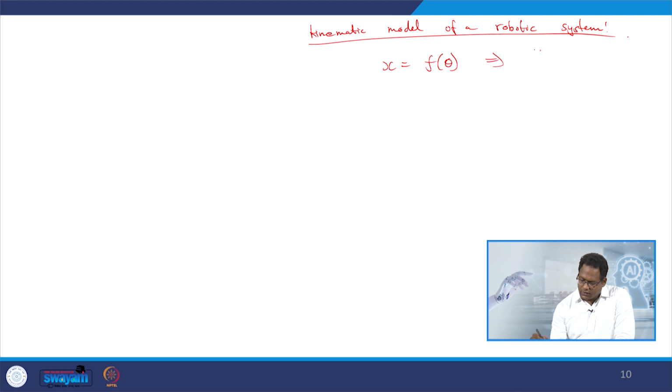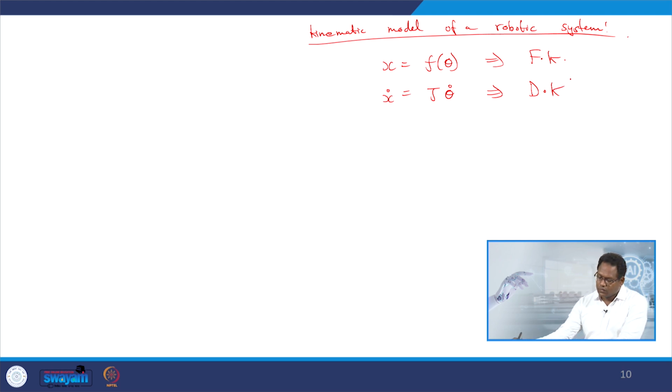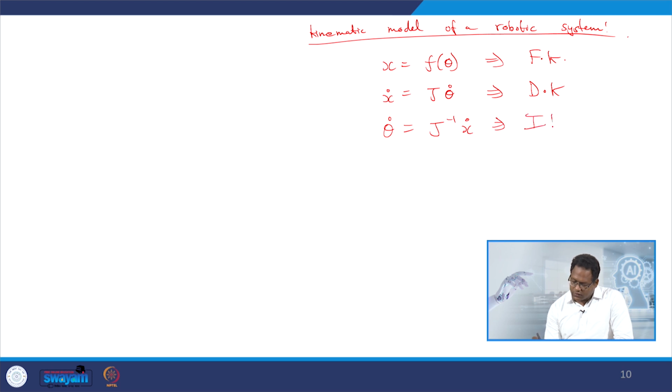What is that? It is forward kinematics. So, x dot equal to J theta dot, what is that? It is differential kinematics. So, from equation 2, that is the differential kinematics equation, we can say that theta dot equal to J inverse x dot. Okay. So, now this is a situation called inverse kinematics.